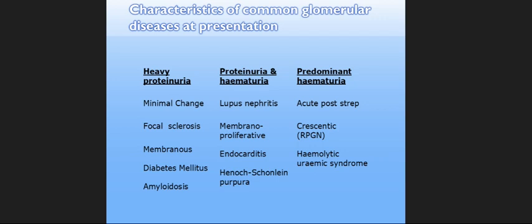Again, pathogenesis, which is a little bit difficult. Streptococci has what's called M protein. It was felt to be responsible for post-streptococcal GN. M protein is one component of the pathogen.